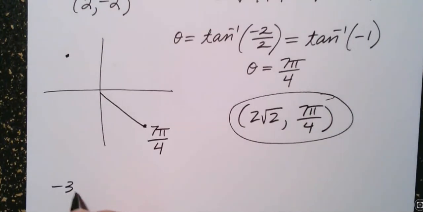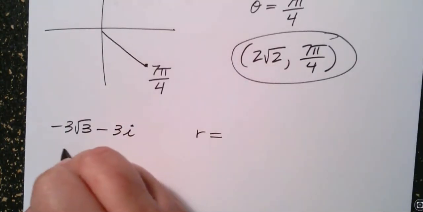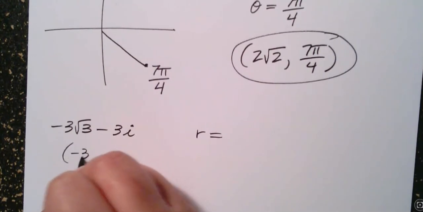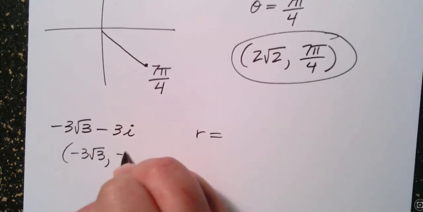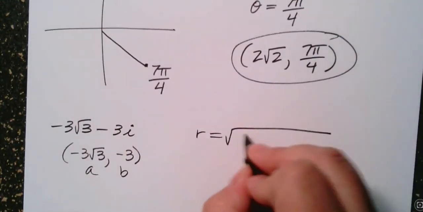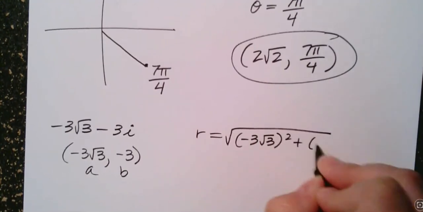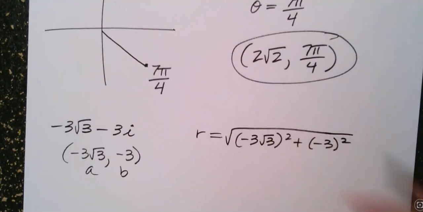Negative 3 root 3 minus 3i. All right, my radius, and again, this is negative 3 root 3, negative 3 in terms of a and b. So my radius is a squared plus b squared, all under the square root.